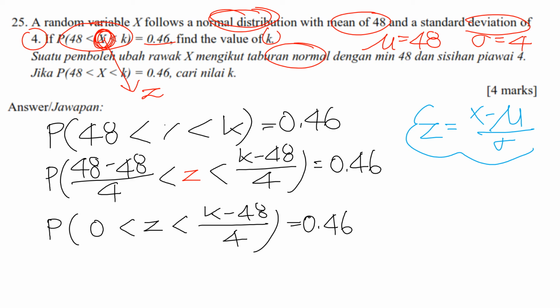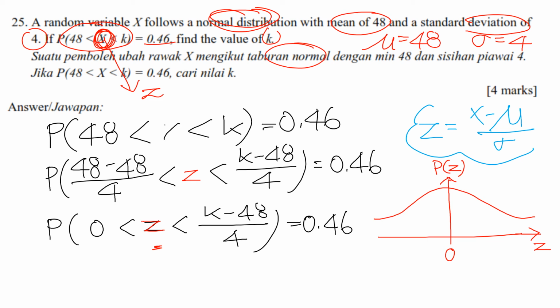So apabila berada kat sini, what do you do? Okay, we try to sketch the bell shape dan melihatkan keadaan dia. Kalau anak murid tak hafal, tak apa, tak perlu hafal pun. This is Z, and this is my P(Z), probability dia. Dia kata antara sifar dengan yang ini. You must be good in the symbol. So bermaksud dia terletak di sini. This is 0.46.